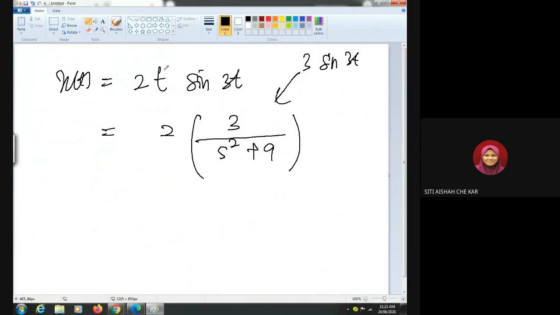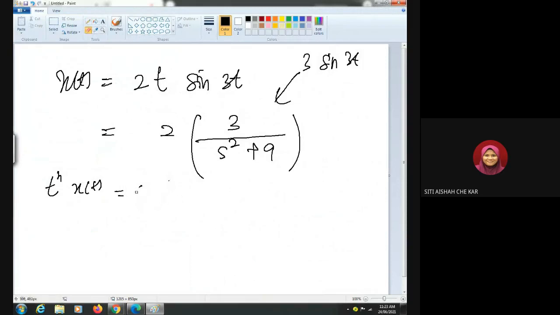Dia kata apa-apa saja xt, kalau darab dengan t power of n, jawapan dia mesti negatif 1 kuasa n.